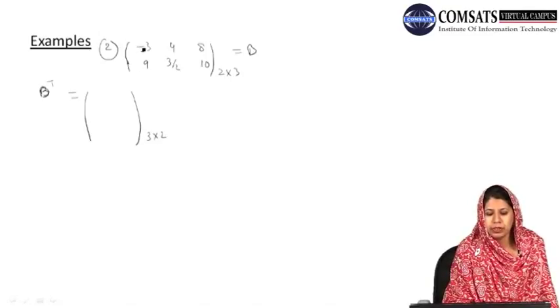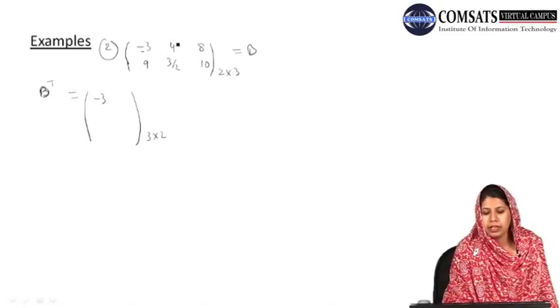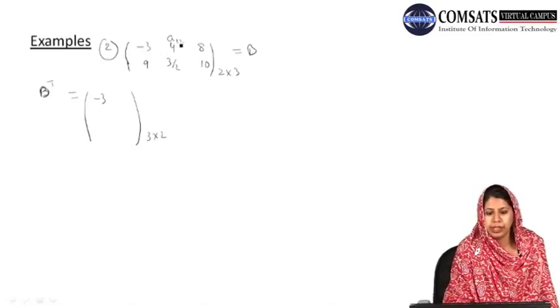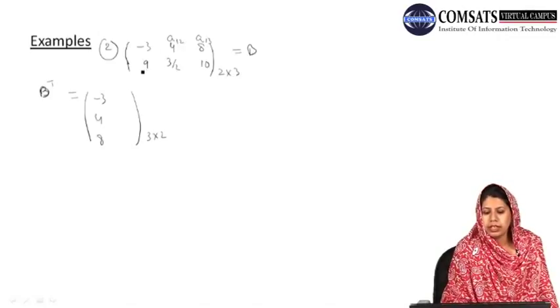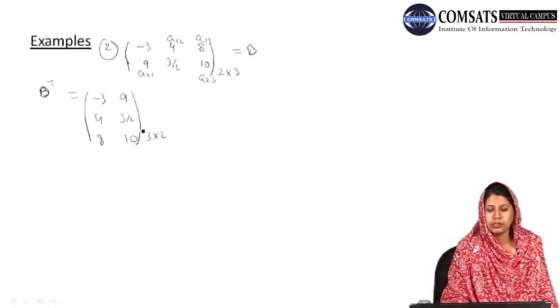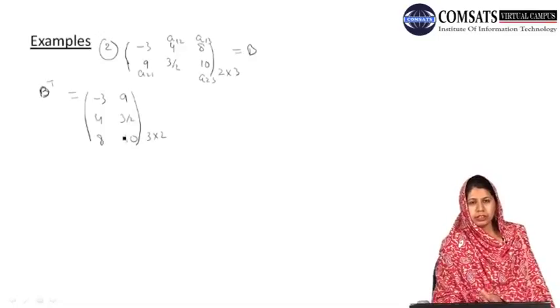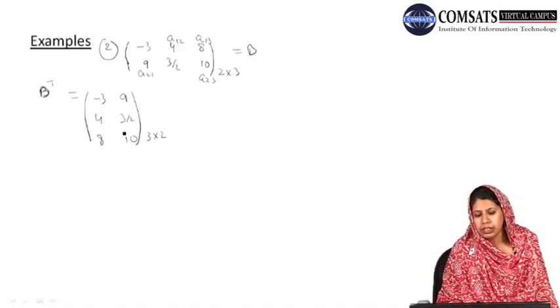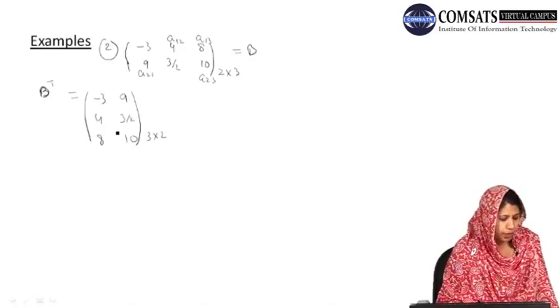The first element will stay as it is. A12 will be on the A21 position. A13 will be on the A31 position. A21 will be on the A12 position. A22 will stay as it is, and A23 will be on the A32 position. So we switch the order of i and j, and we obtain the transpose of our matrix.